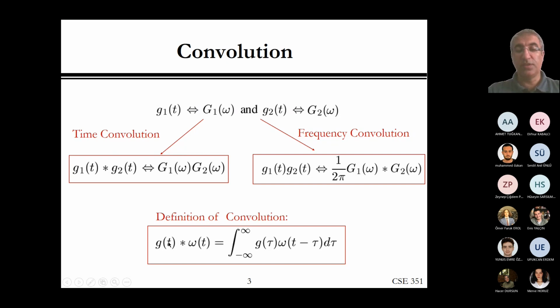Let's say we have a g of t and w of t signal, and the convolution of these two in time domain is equal to the integration from minus infinity to infinity of g of tau times w of t minus tau d tau. That was the definition of the time convolution.